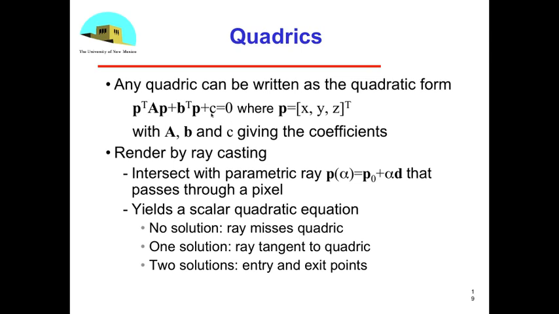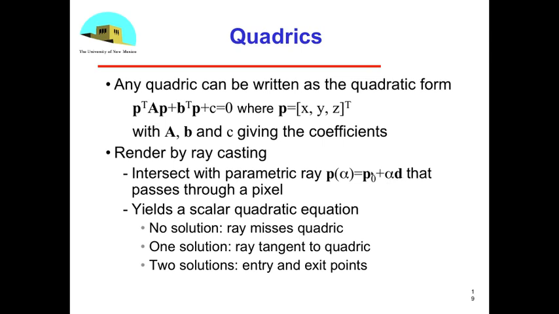If you look at this and I put in a ray, this is what happens in ray tracing. You say, what happens where this intersects a ray? When I render this, I'm going to put a ray through every pixel and see where that ray strikes the object. So into this equation, I'm going to substitute something of the form P0, where that ray starts, plus alpha times d, where d is the direction that's shooting that ray through a particular pixel, and I have to find what alpha actually intersects that.